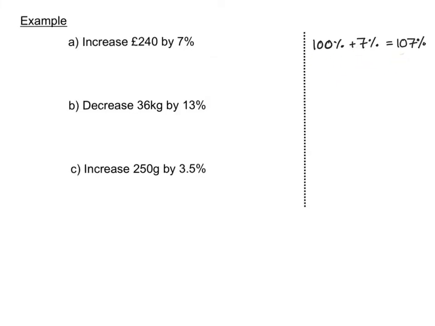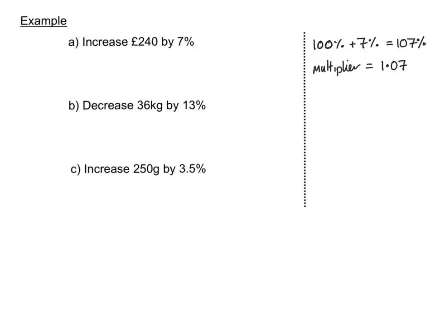So rather than working out 7% and then adding it on in 2 steps, I'm just going to find 107% of 240. To do that, I'm going to use a multiplier, which will simply be 107 divided by 100. That's going to give me 1.07, and I can use that number to quickly find 107%.